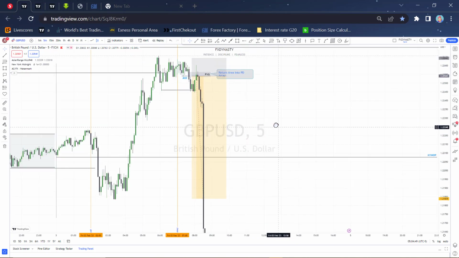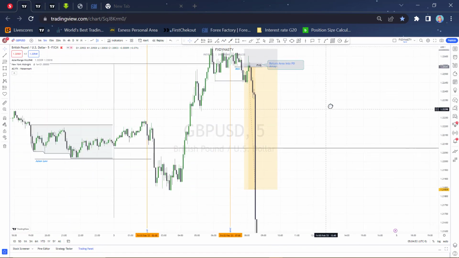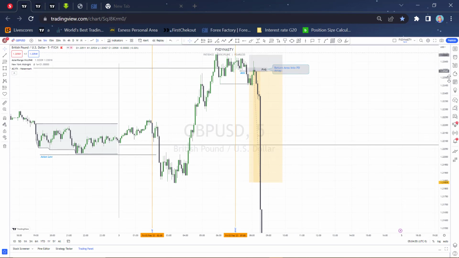This was a 1 to 6 risk to reward trade, guys. So it was a banger. Once the NFP was released, I saw price melting immensely to the downside, and this was a very, very beautiful trade during the NFP.